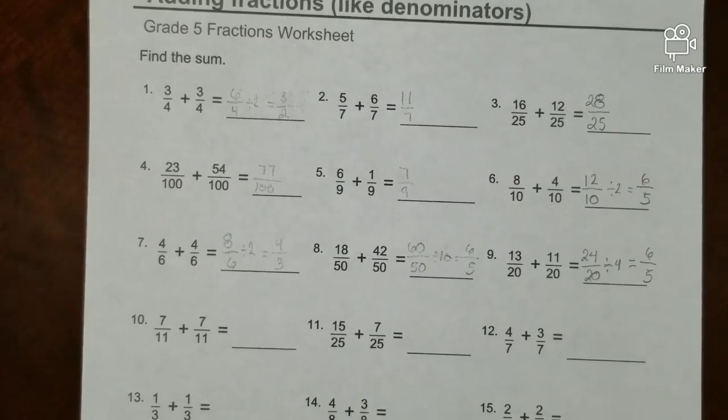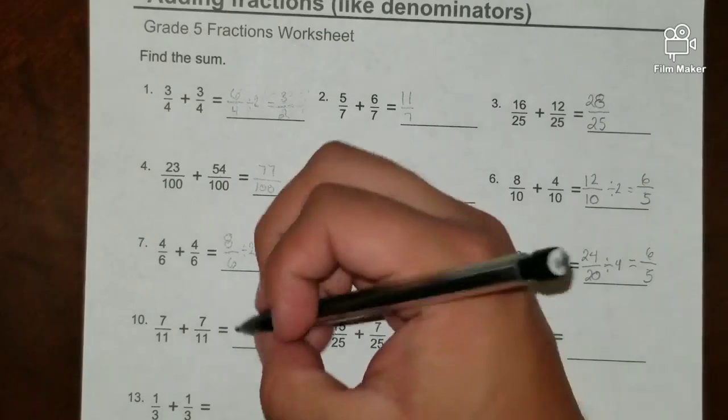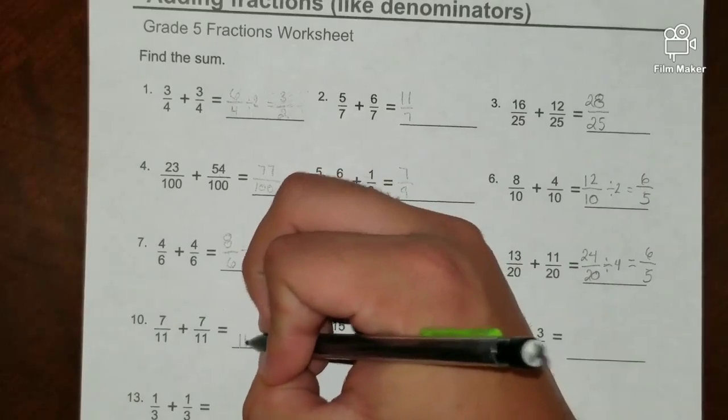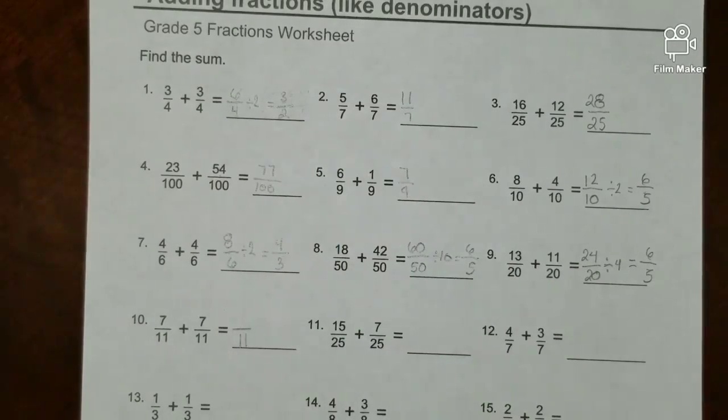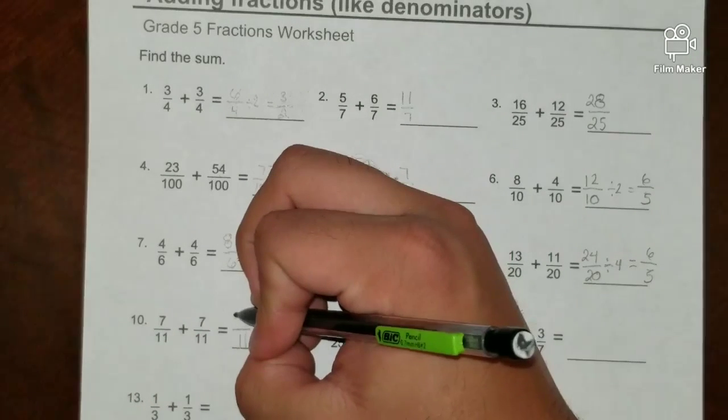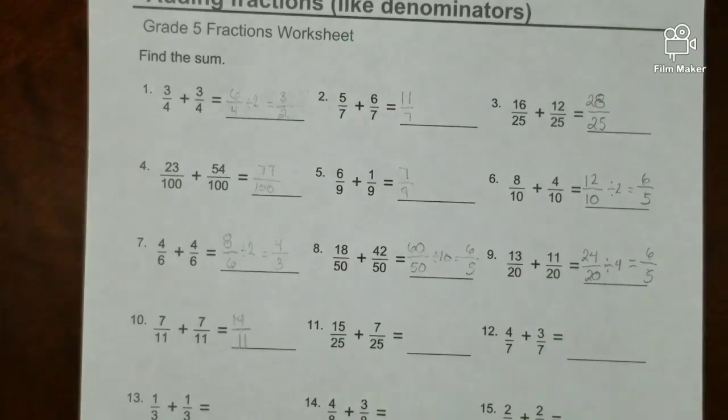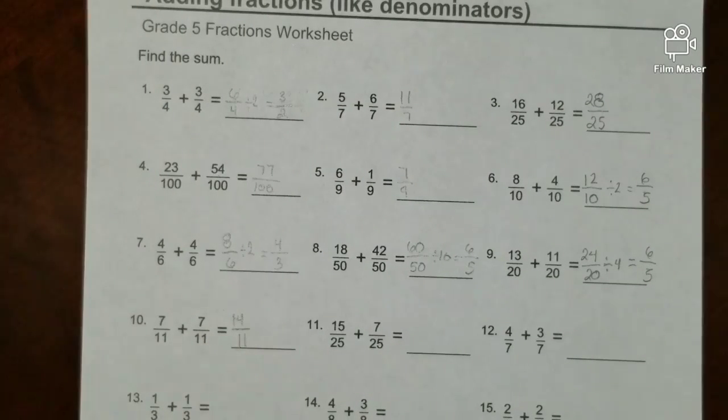For the next one, we have 7/11 plus 7/11. So we keep the denominator the same, 11, and then we have 7 plus 7, 14. So our final answer will be 14/11. For the next one, we have 15/25 plus 7/25.